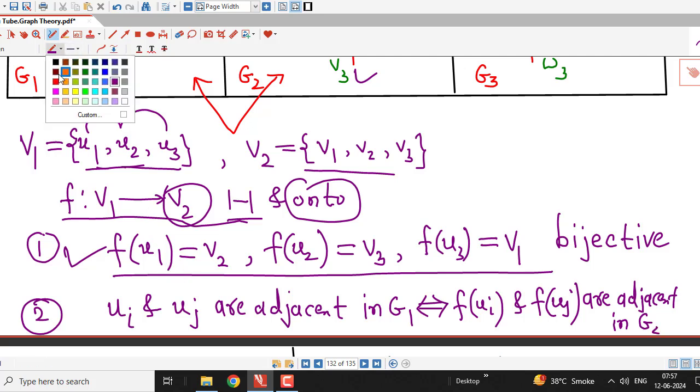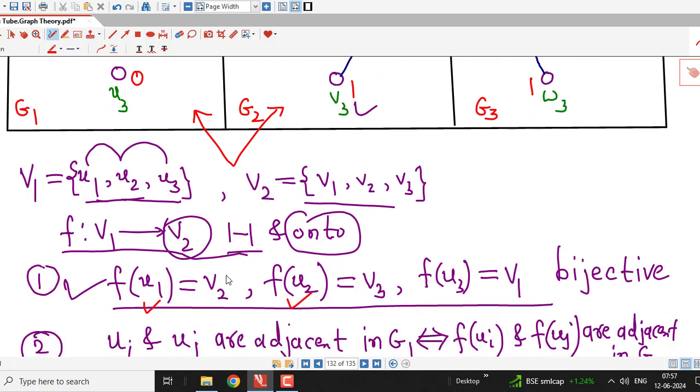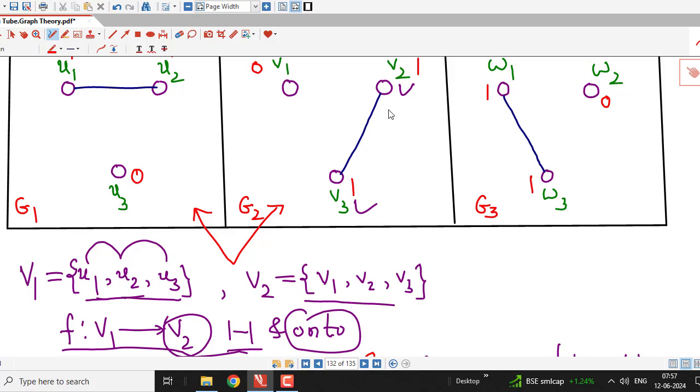That is, here we check whether u1 and u2 are adjacent or not. Here u1 and u2 are adjacent, so their images v2 and v3 must be adjacent in G2.